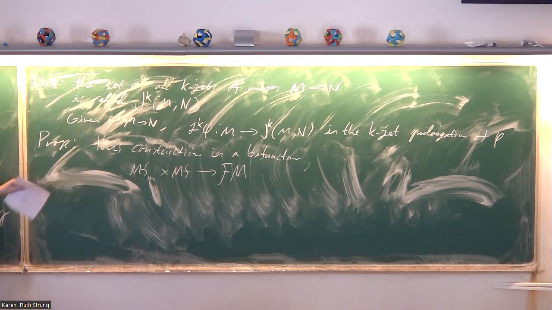And this bifunctor is basically the origin of all the other natural operations. I will not go through it in detail. It's in the book that I mentioned earlier. But every other geometric object can be derived from this one.